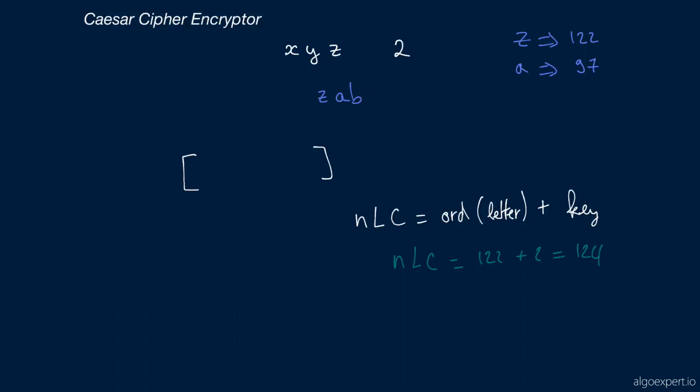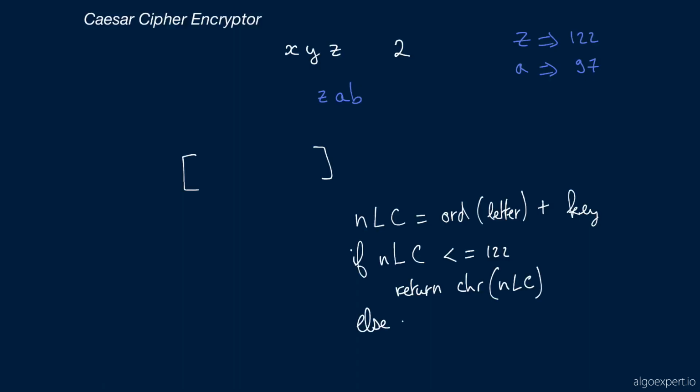Well, we're going to use the modulo operator, which we can shorthand as mod. So you're going to do some kind of if statement, a check, where you say, if NLC, in this case, is less than or equal to 122, well, then you return the char function on NLC, right?